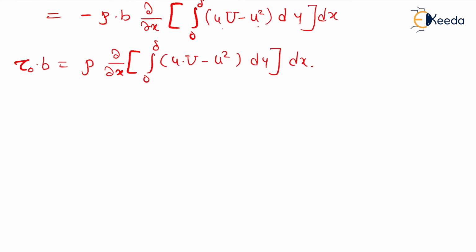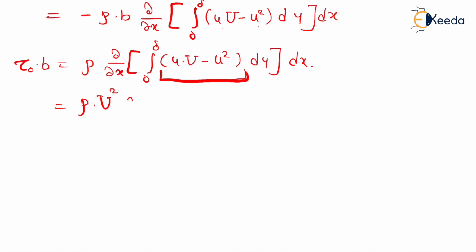I can change the format of this equation by introducing new terms, rho into capital U square. I am multiplying capital U square to the whole equation. It means that I have to divide by it in this part.